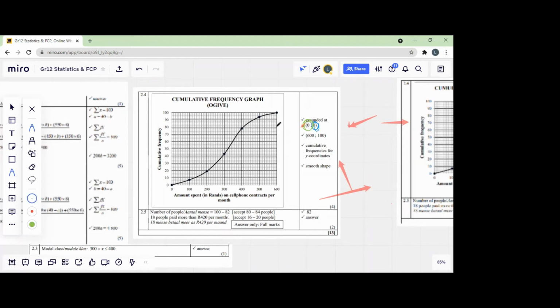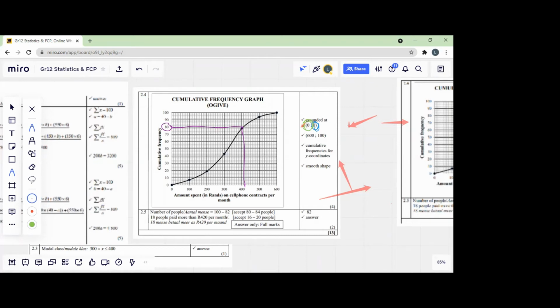So 420 would be this line over here. I'm going to go up, and now I want to read off how many people that corresponds with. It corresponds with roughly 80 people.